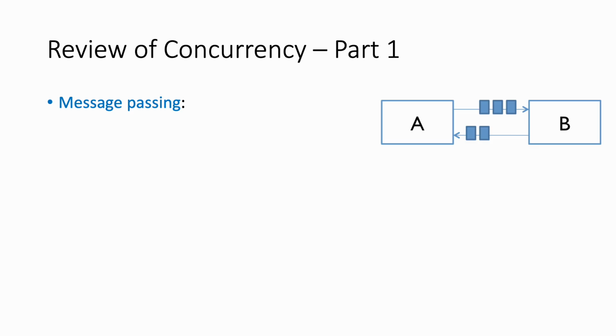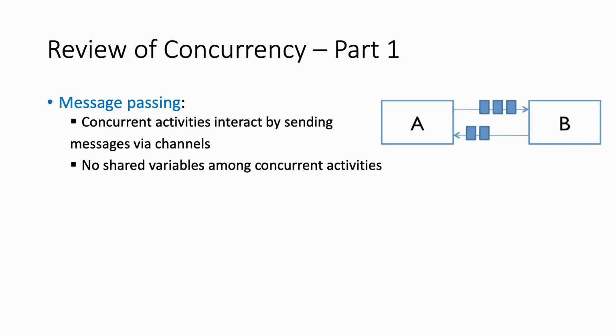This lecture will explain how Go supports the message passing style. Recall that in the message passing style of concurrent programming, concurrent activities interact by sending messages to each other via communication channels. There's no shared variables among concurrent activities.